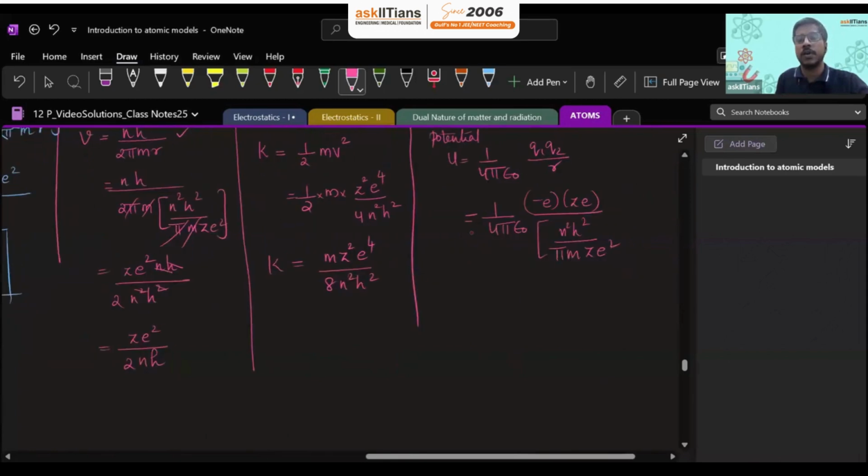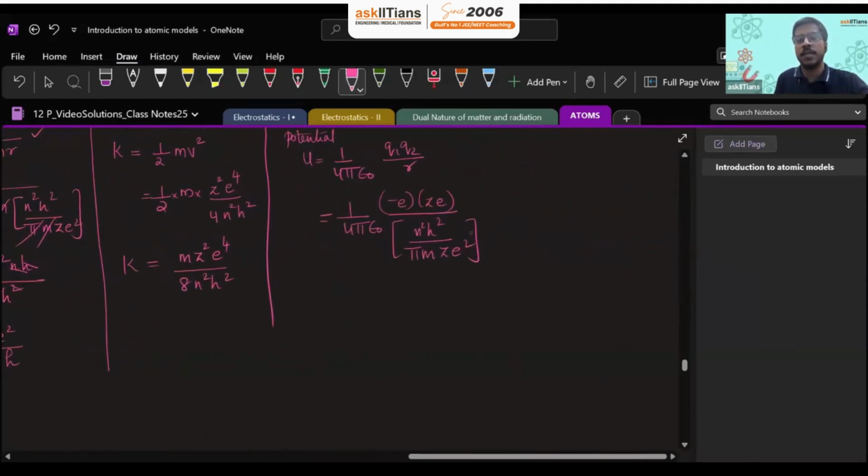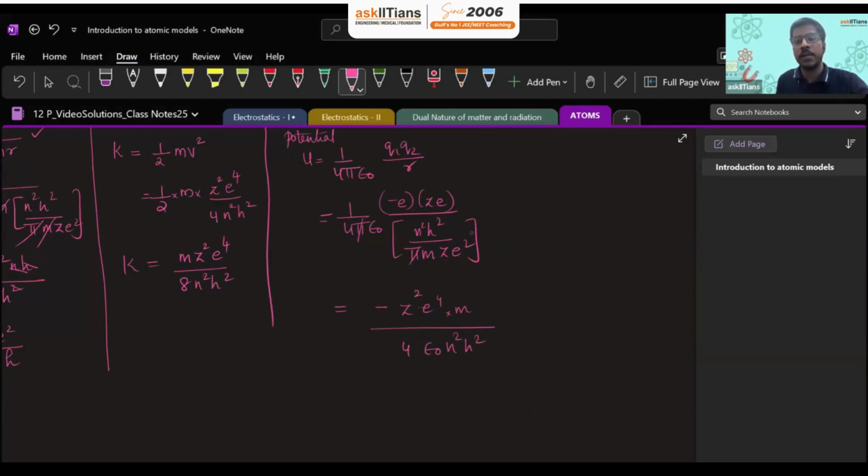So we have pi cancelled out, this becomes minus z square e square into m, which goes to the numerator, so z square e raised to 4 into m, divided by 4 epsilon naught n square h square.